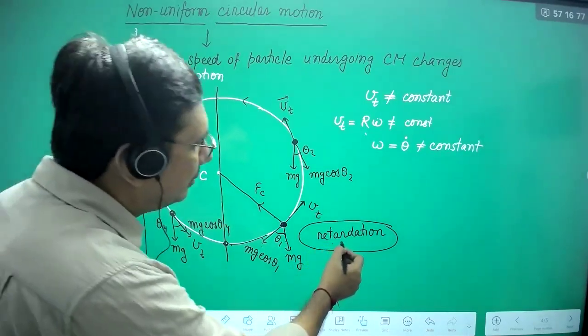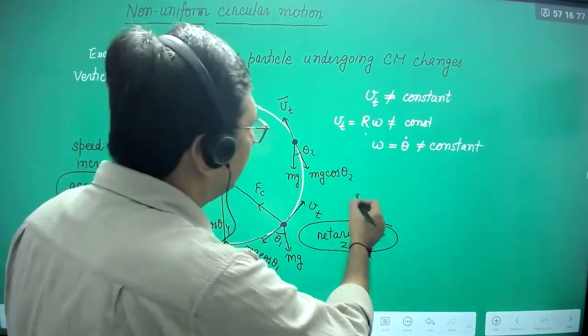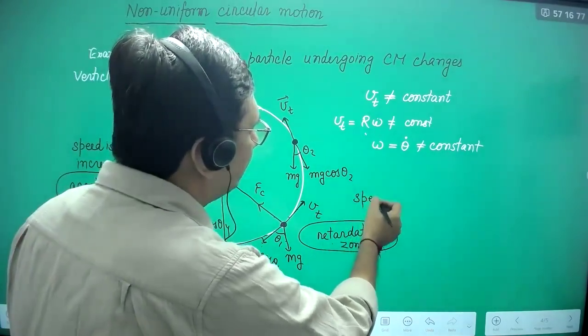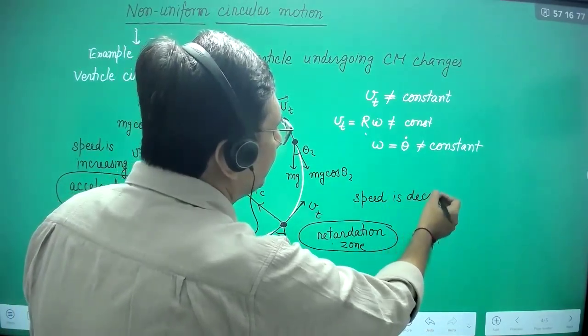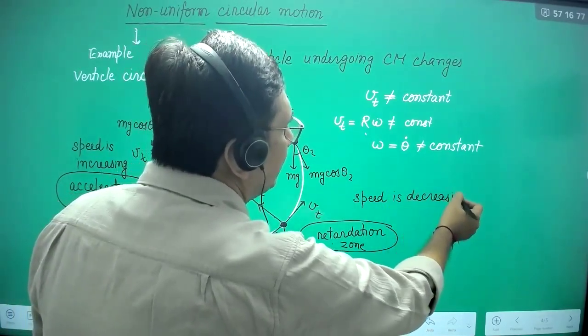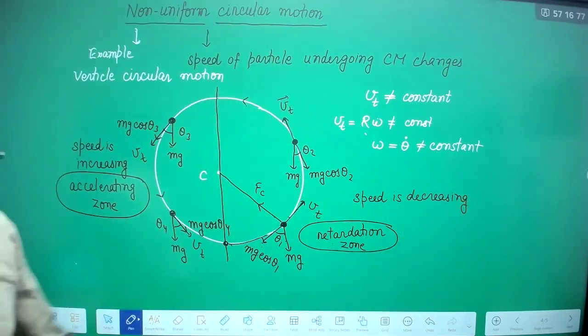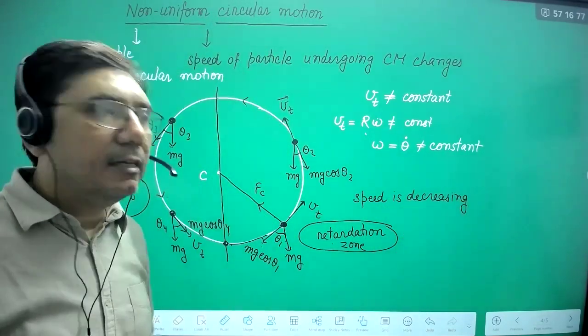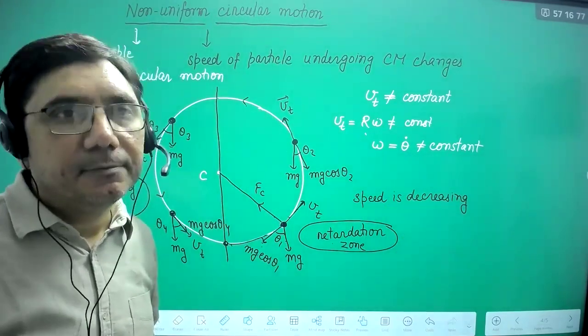Here this is the retardation zone, and here speed is decreasing. So what is happening here in case of vertical circular motion? The velocity of the particle is making an angle with the weight mg.